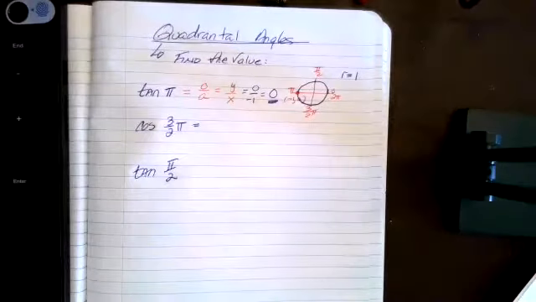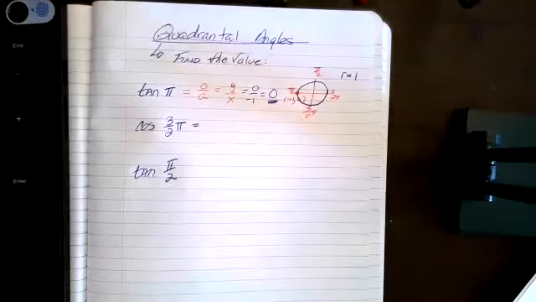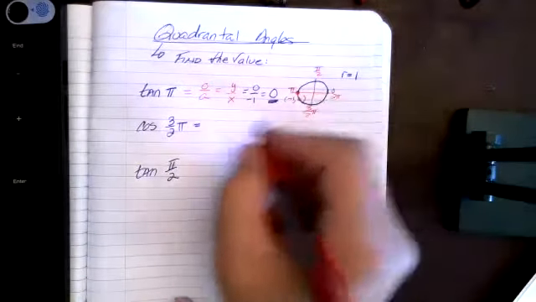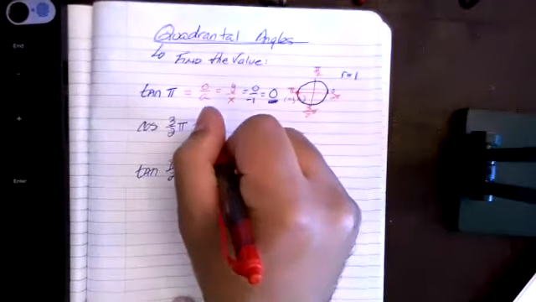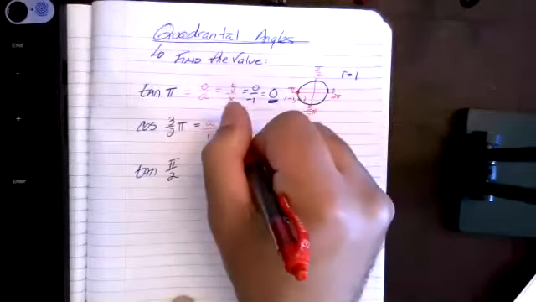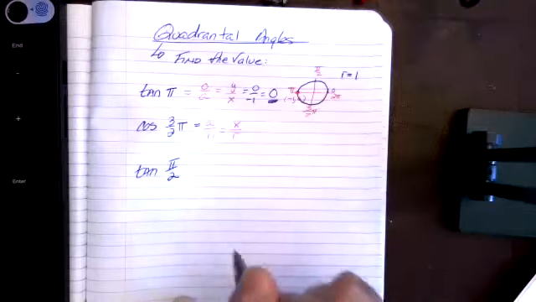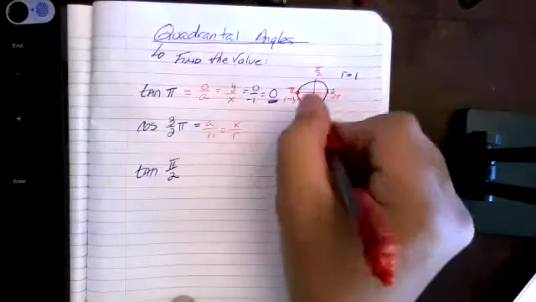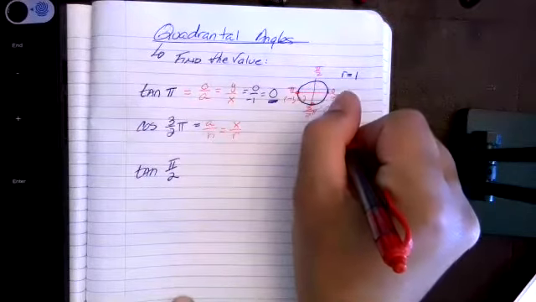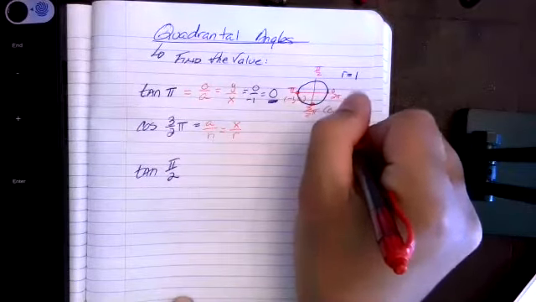We're going to do the same thing for cosine 3 pi over 2. So for cosine 3 pi over 2, cosine is my adjacent over my hypotenuse. My adjacent is x, my hypotenuse is my radius. We're looking at 3 pi over 2, so we're down here at, what would this be, 0, -1.